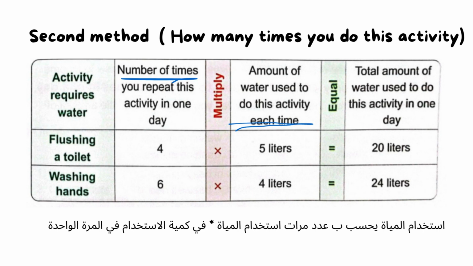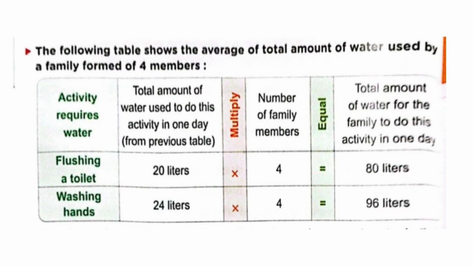Also in washing hands, if we wash our hands 6 times, and each time we use 4 liters, we have a total of 24 liters per day. All of this is the calculation for one person.